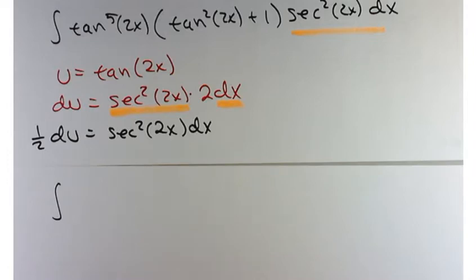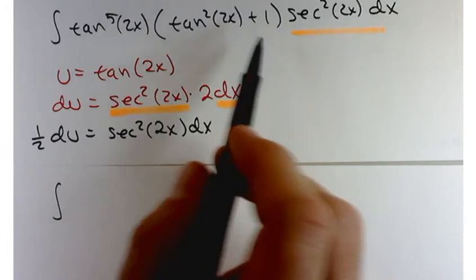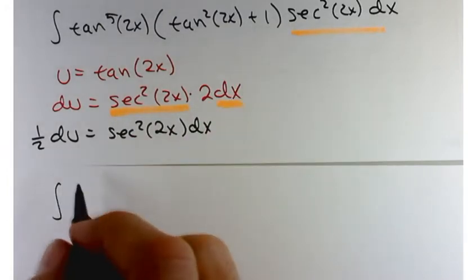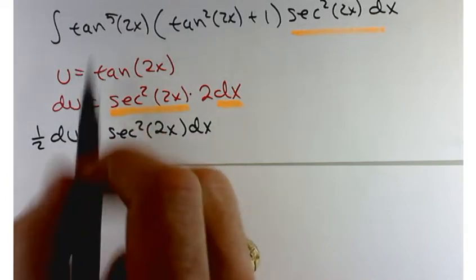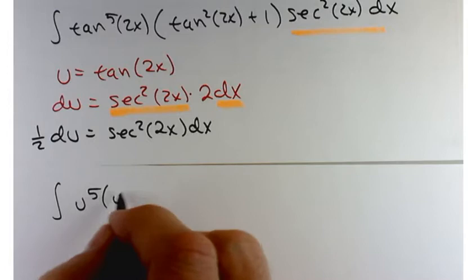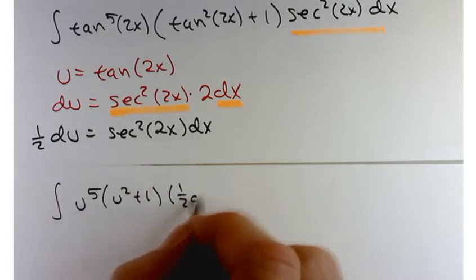Let's see how this thing finishes up. Now notice you could, if you wanted, distribute this. I'll distribute it after I do my u substitution. I'm going to get u to the fifth power times u squared plus 1 times 1/2 du.